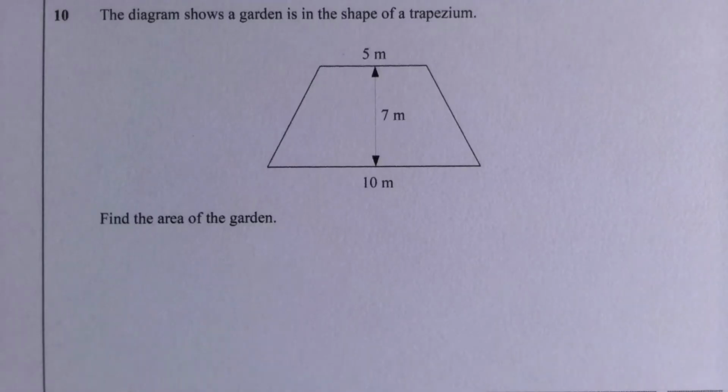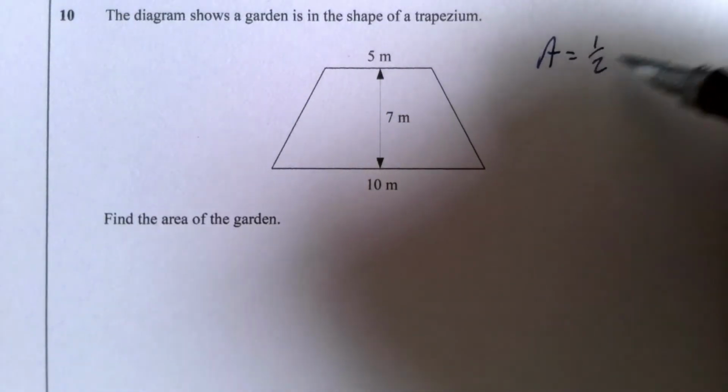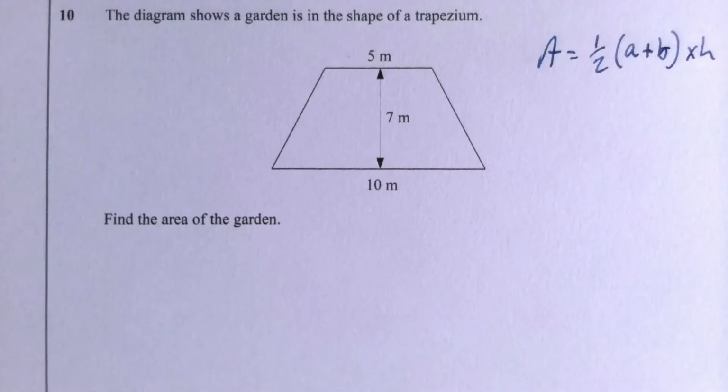Another 3-mark question here. Take your time, you might want to look back at your notes about how to find the area of a trapezium, because that's all this is. So the area of a trapezium is a half times A plus B times the height.